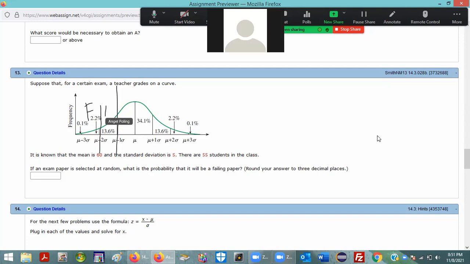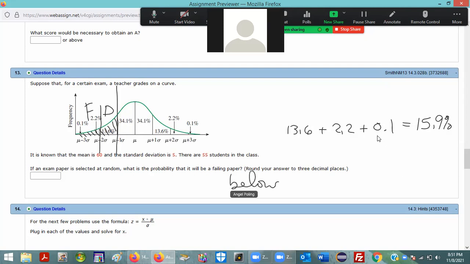So if they're considering D's and F's, right, then we're looking at 13.6 plus 2.2 plus 0.1%, right, which is 15.9%. And we're quantifying this by saying below a C, right?